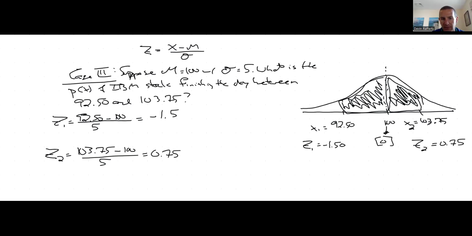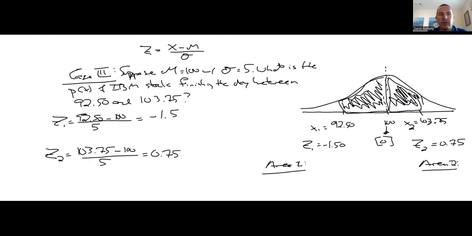So the area of this, and then we need to get the second area. The area associated with negative 1.5, we're going to look that up, and then we have to get the area associated with 0.75. We're going to have to look that up too.